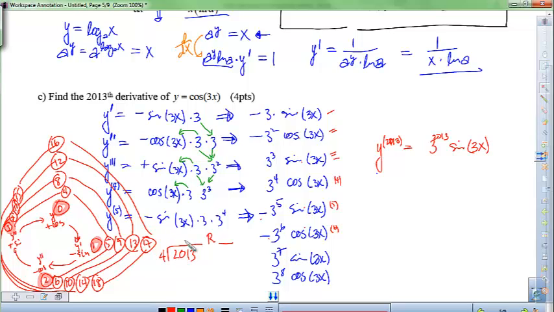So let's do the division. 4 goes into 20 five times, 4 goes into 1 zero times, and then 4 goes into 13 three times, and then you get a remainder of 1. We saw 13 over here, that's a remainder of 1, so that's a negative sine. So we got the sign correct, and this is the 2013th derivative of our function.